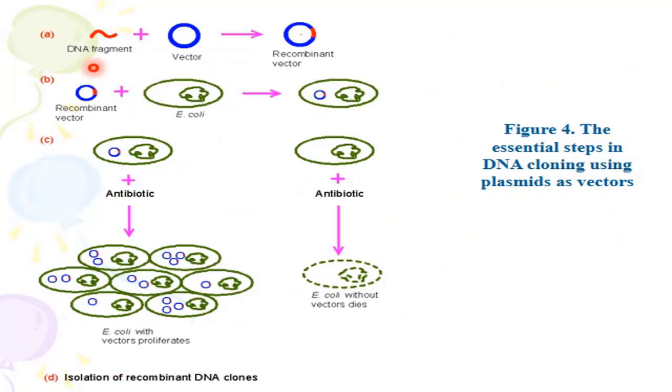Now, regarding the first one, production of recombinant vector. Here, I have the DNA fragment to be reproduced, and this vector is needed to carry this fragment into the cells. This vector is called a plasmid. Any plasmid, to be conjugative and serve as a vector, must have two characters.